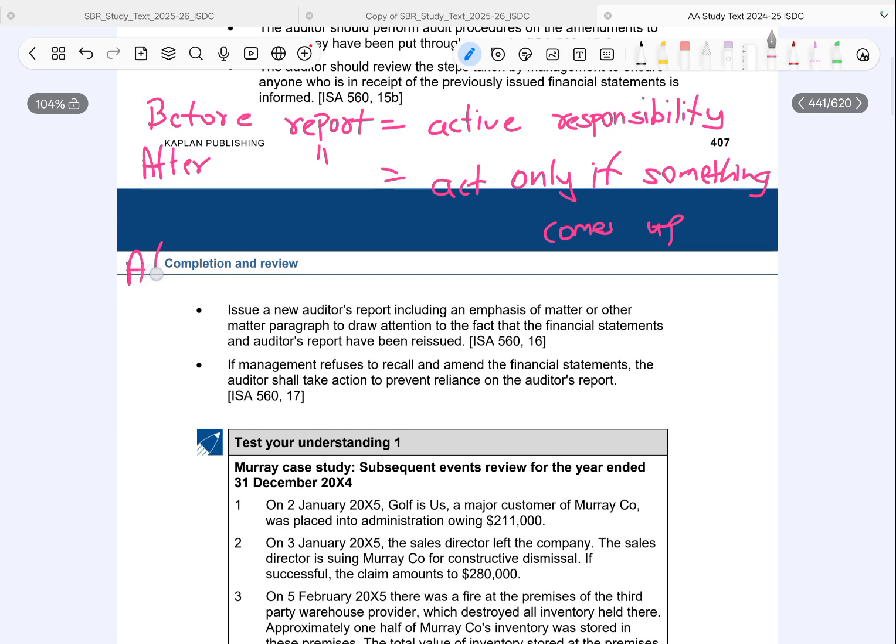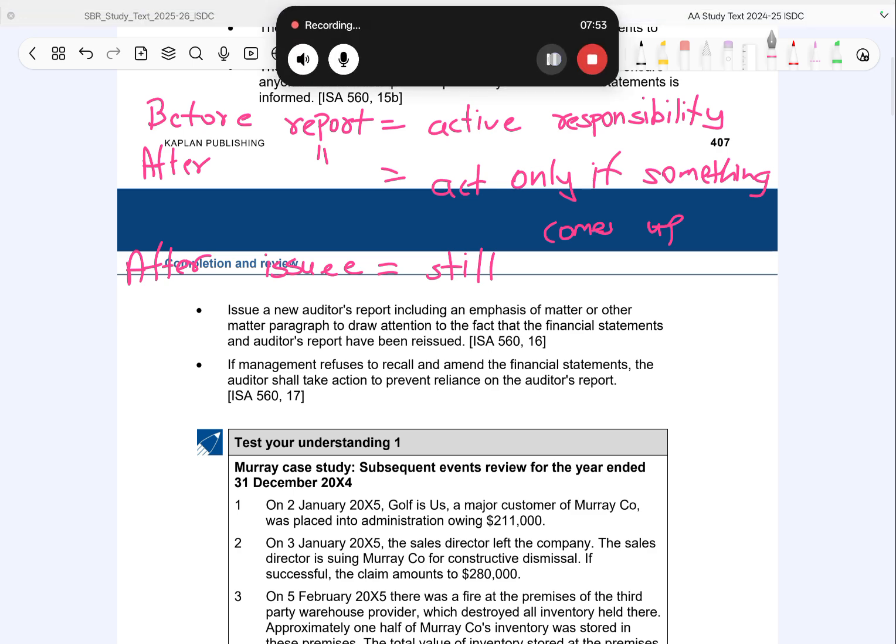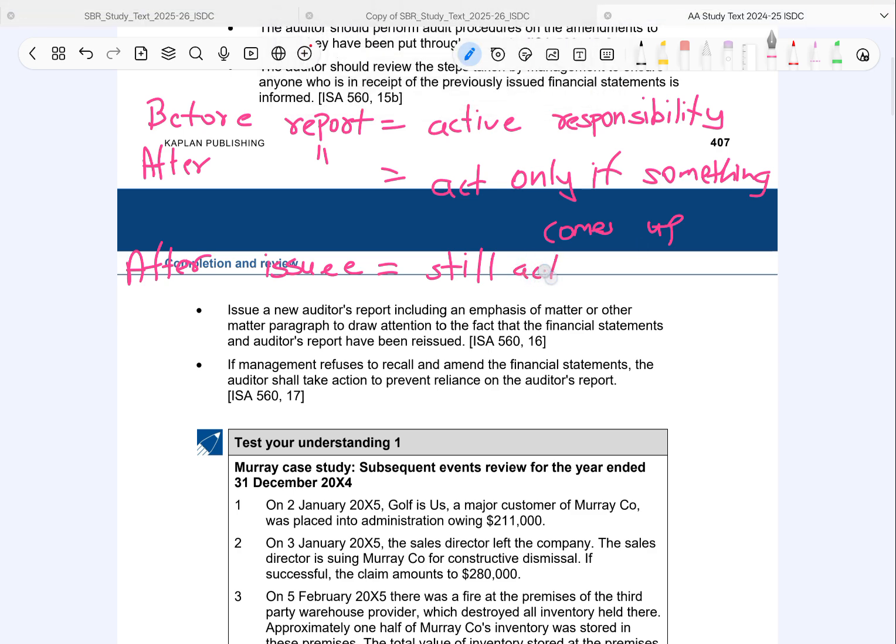And after issue of your audit report, still active if something serious comes up, but no continuous checking.